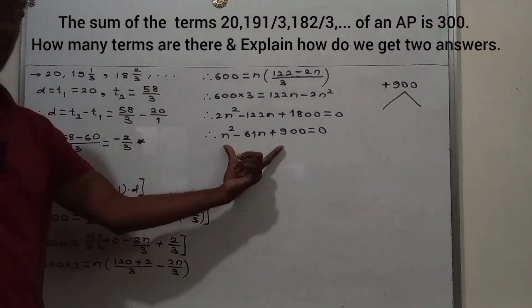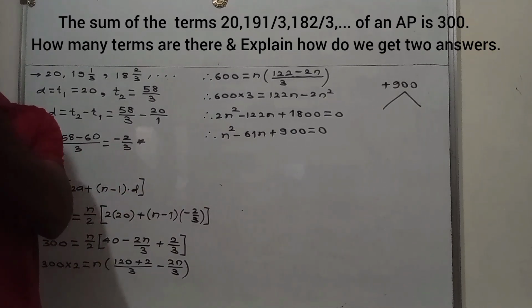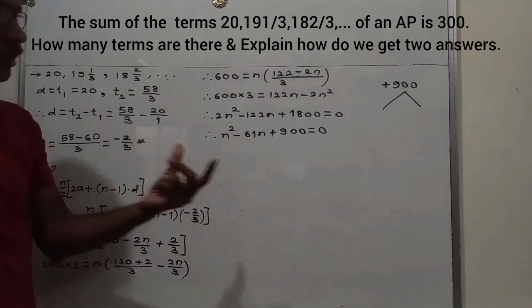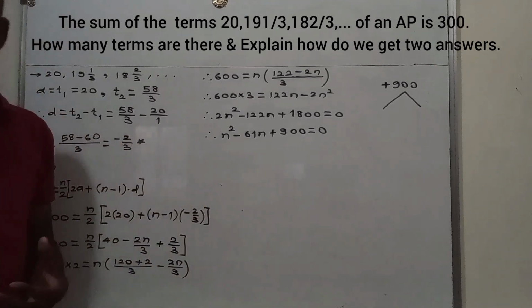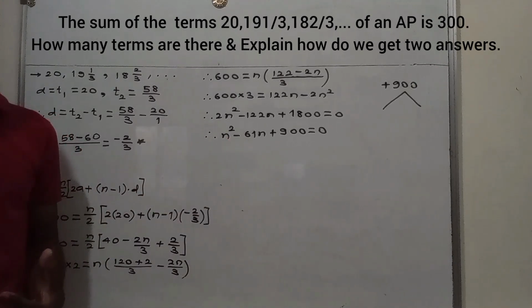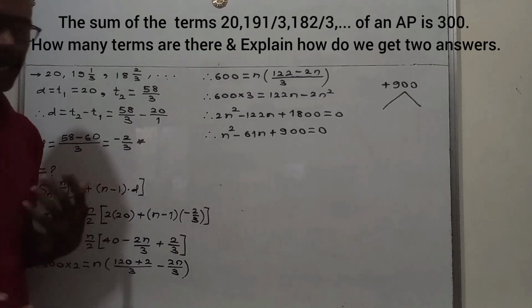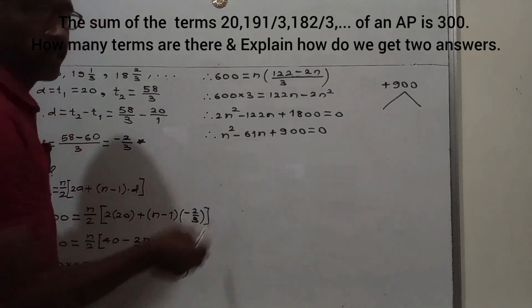Here we get a quadratic equation, so we get two values of n. Did you get it? Now we split this.